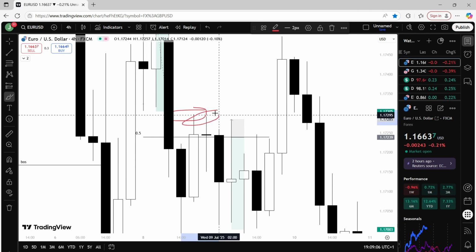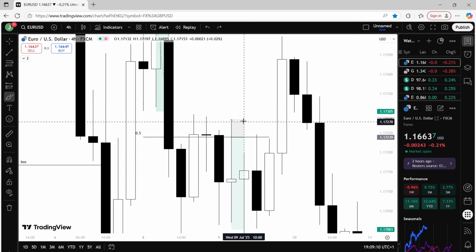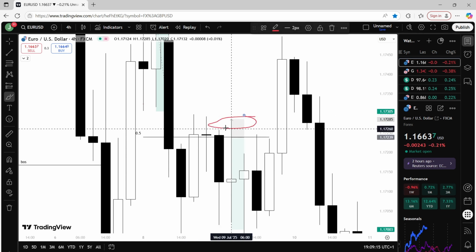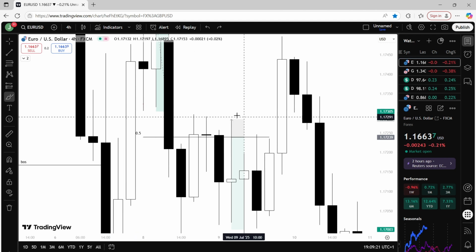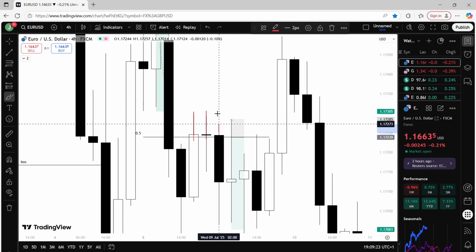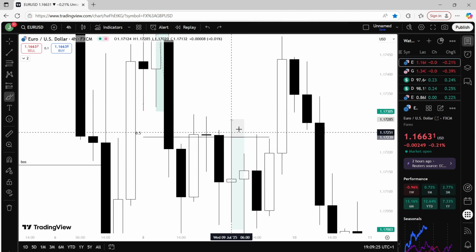So 1, 2, and then 3, and then the fourth grab was here, and that was the sell-off during London session. And this 4 hour high is the 2 a.m. high, which is Asia's high. So price can come up and hit a 4 hour fair value gap multiple times. So just be aware of that.